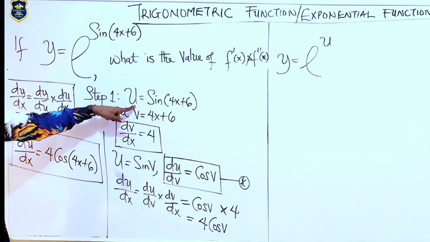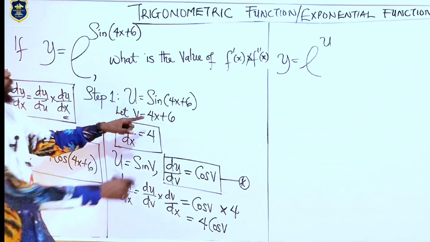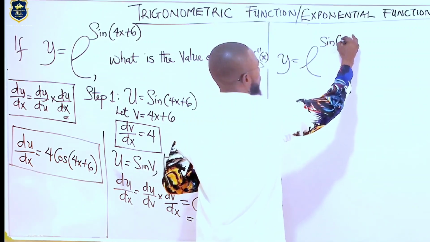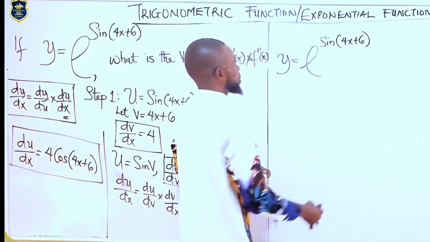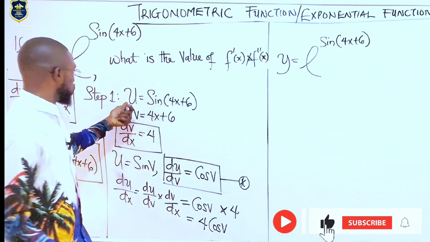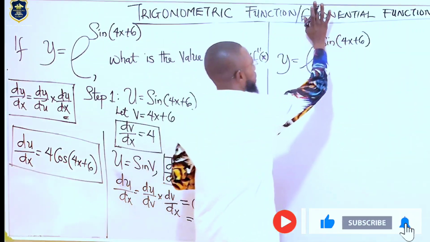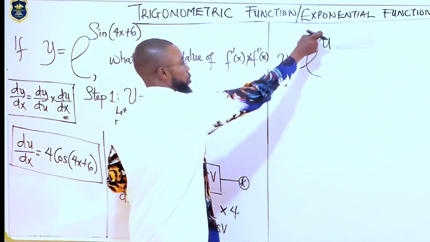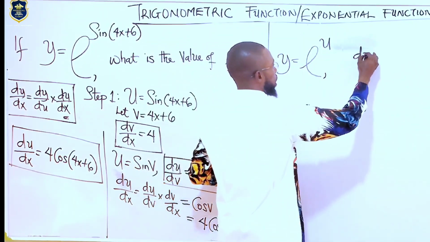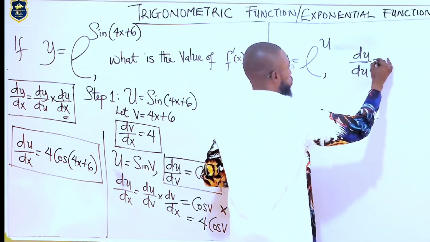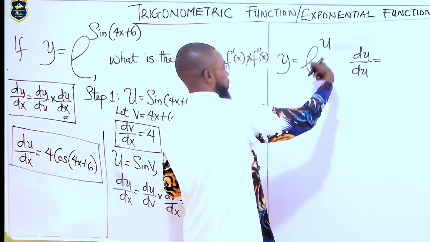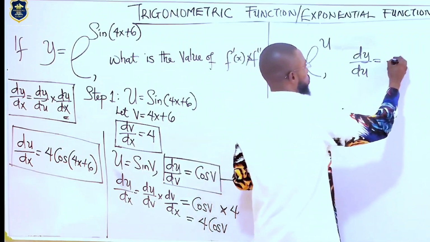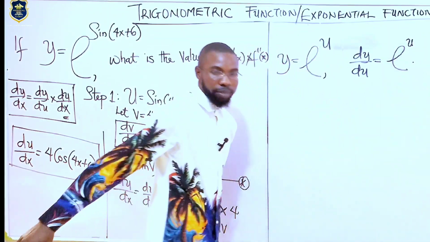Originally the exponent was sine 4x plus 6, but we replace it with u. So that we can differentiate y with respect to u, dy over du gives us the same thing: if we differentiate an exponential function, we get an exponential function. So it's e raised to the power u.